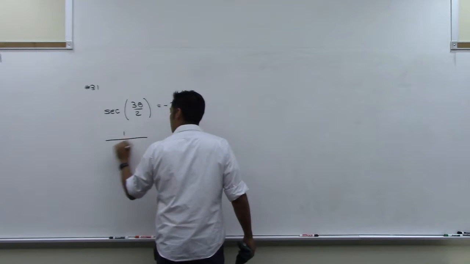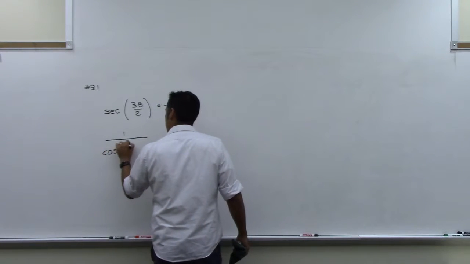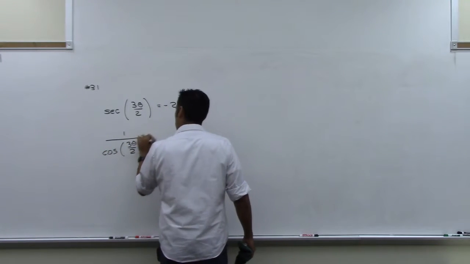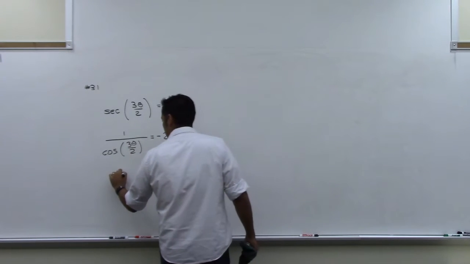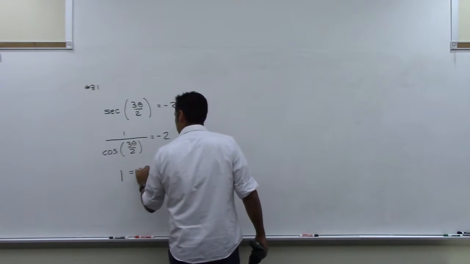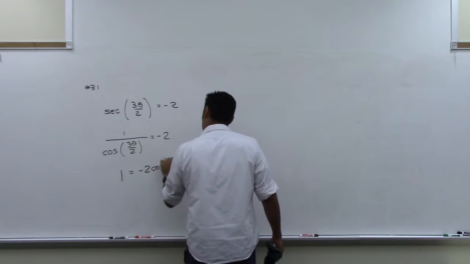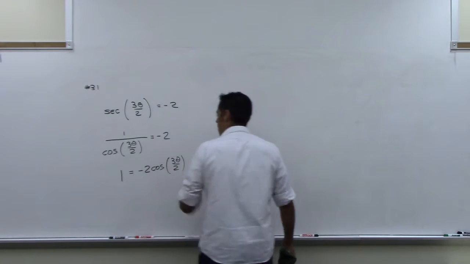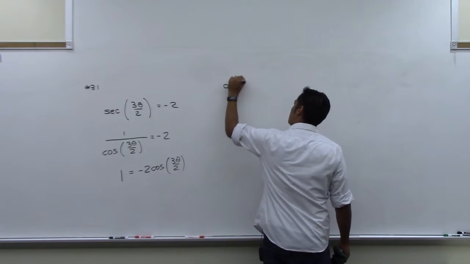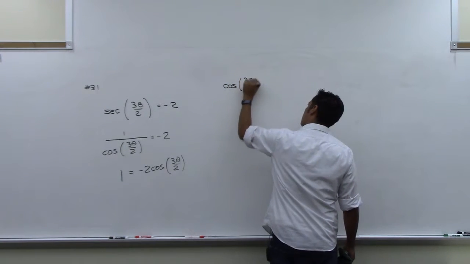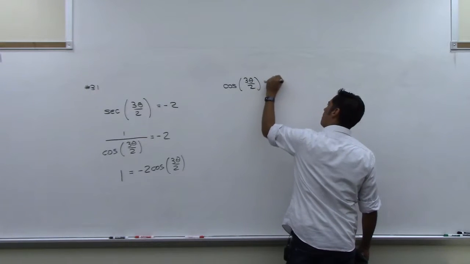So this is 1 over cosine of 3 theta over 2 equals negative 2. Multiply both sides by that cosine, you get 1 equals negative 2 cosine of 3 theta over 2. Divide both sides by negative 2, you'll get cosine of 3 theta over 2 equals negative 1/2.